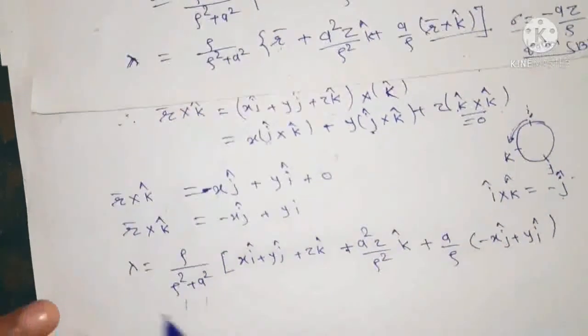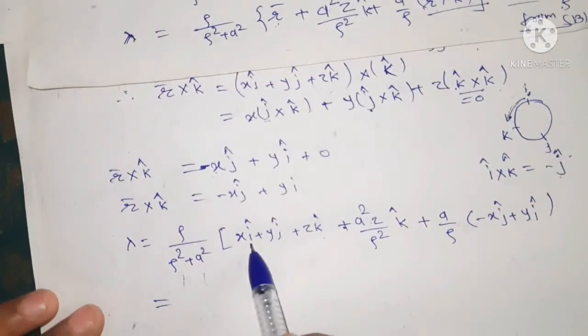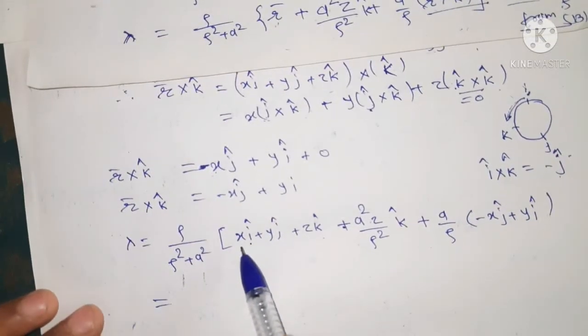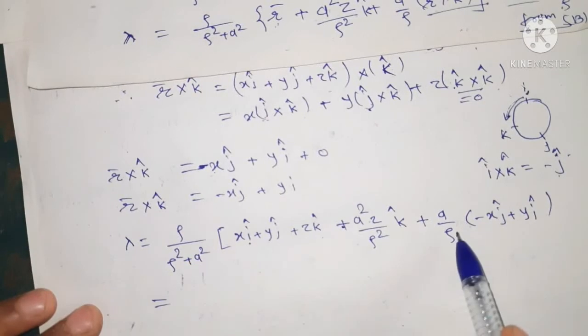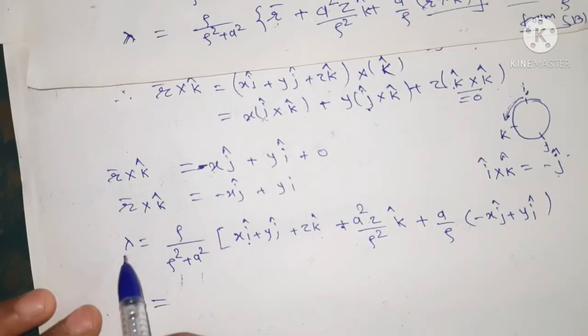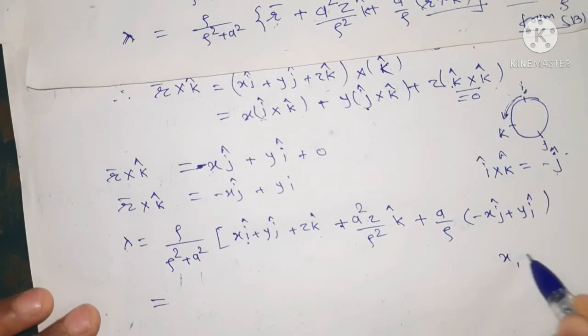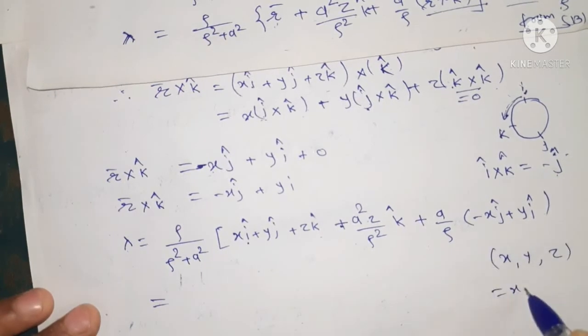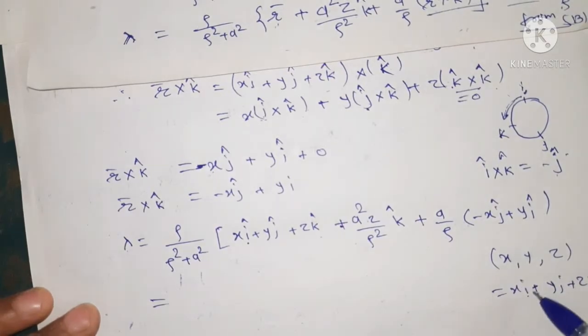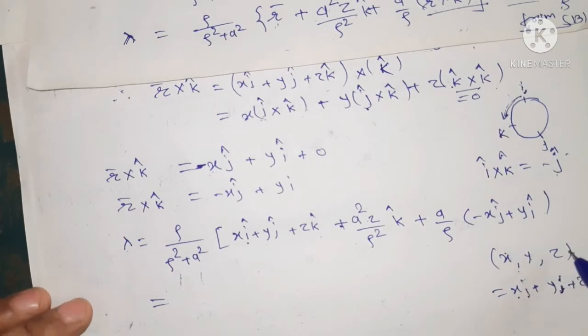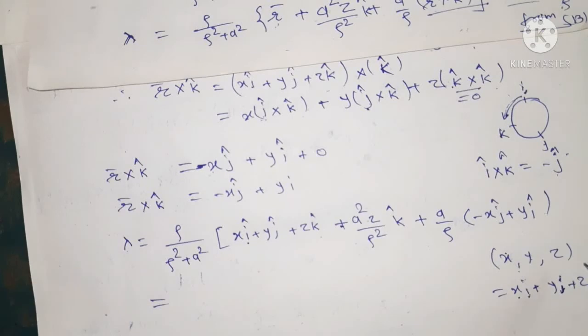Okay, so by comparing the ith term, that is taking the common with this ith term, we have to write the components of lambda. As we have written, xyz will be equal to xi plus yj plus zk. So the coefficient of the unit vector i will be our first component, the coefficient of the unit vector j is our second component, and the coefficient of the kth vector is our third component.